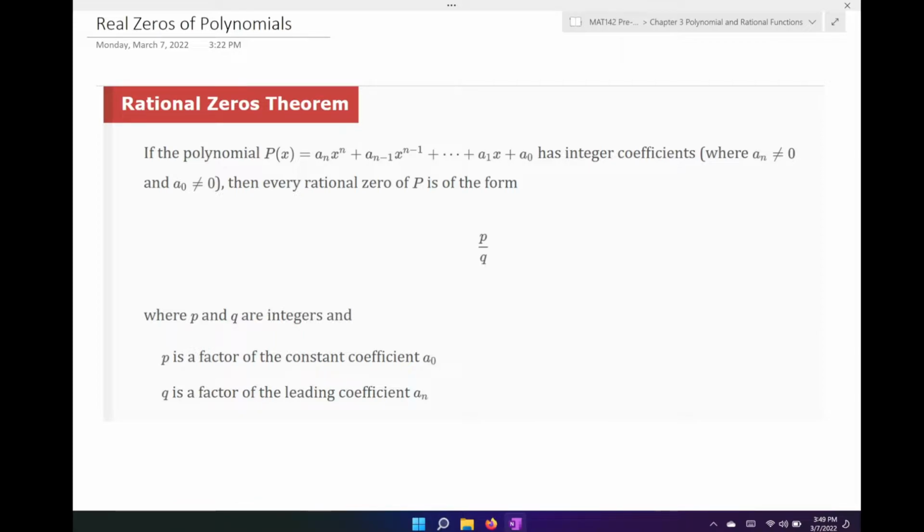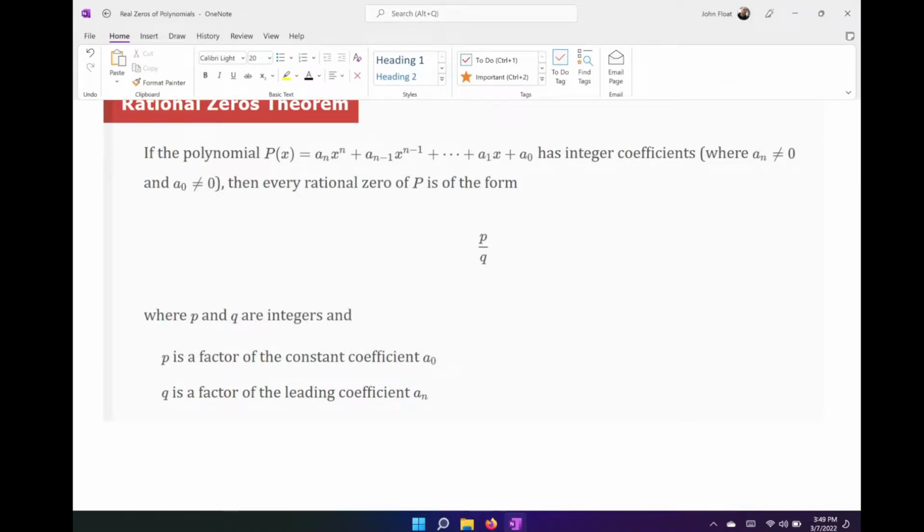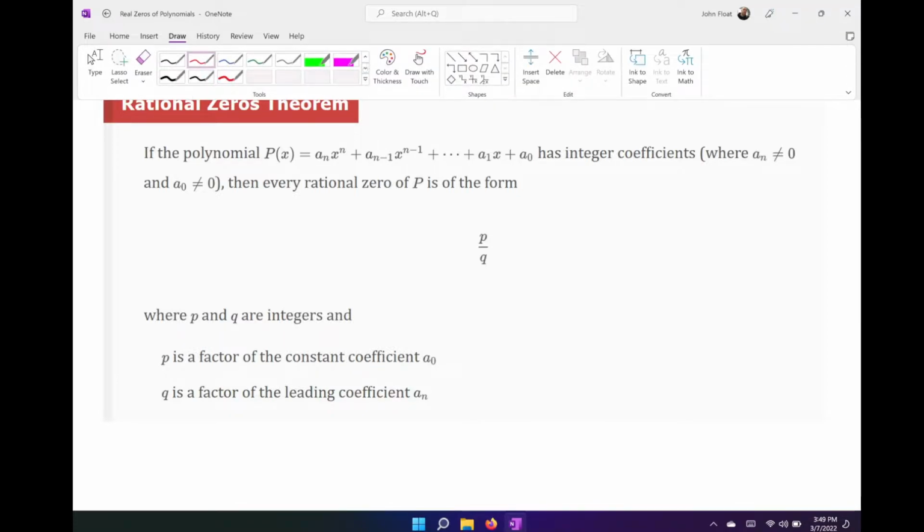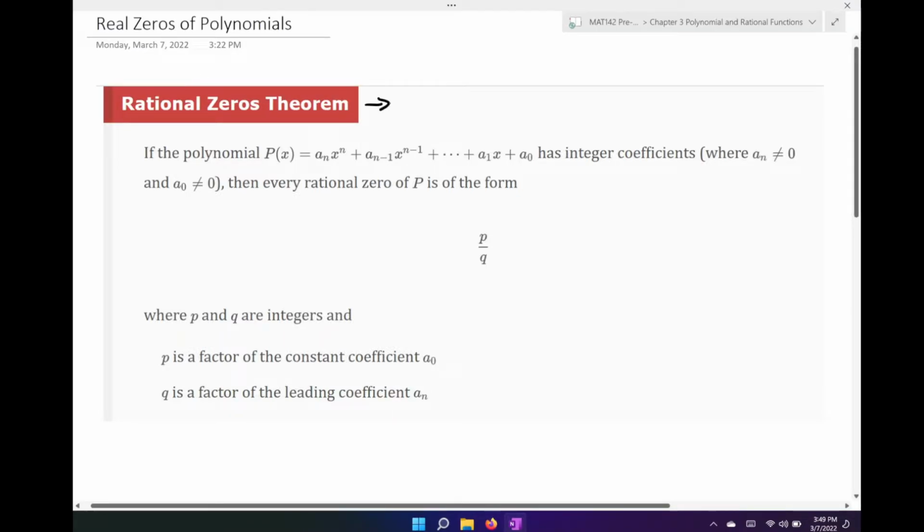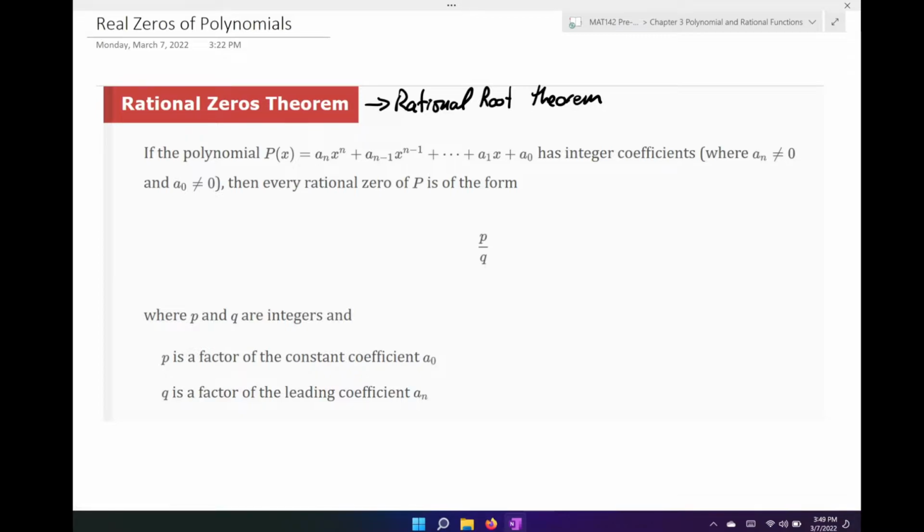And in order for us to do that, we're going to use this rational zeros theorem. Now, some people will call this the rational root theorem. If you went to Google and typed in rational root theorem, you're going to get the same exact definition, okay? So in case I use rational zeros theorem or rational root theorem interchangeably, just know they are the same exact thing.